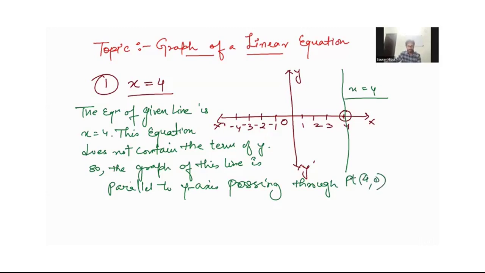So we know that this is x equals 4, there is no y value here, so this type of graph is always drawn parallel to the y-axis when x equals 4 is given. So this line is your x equals 4.